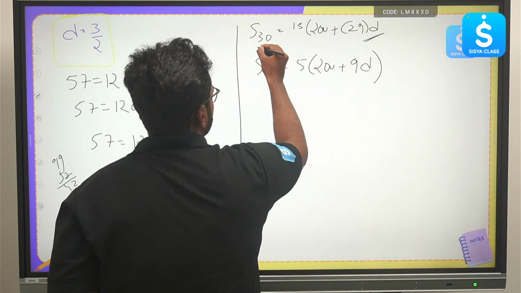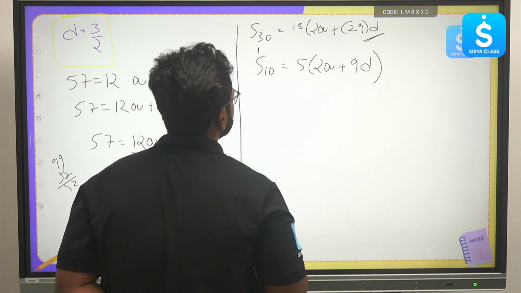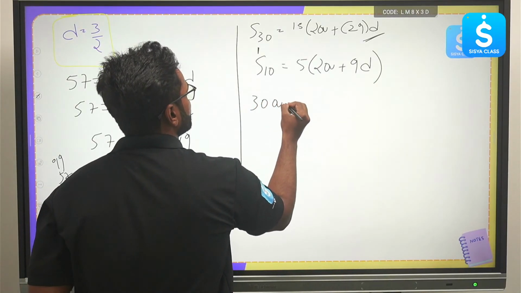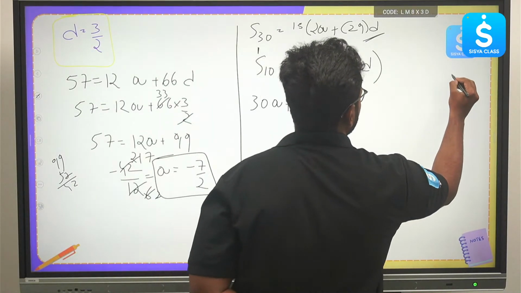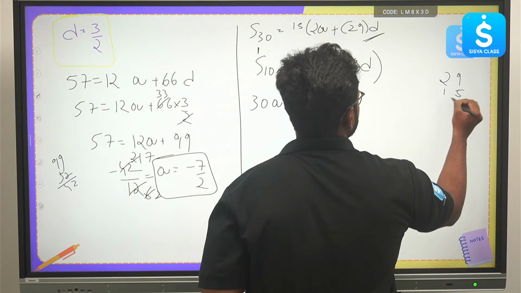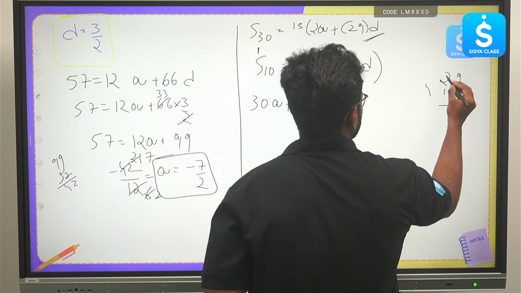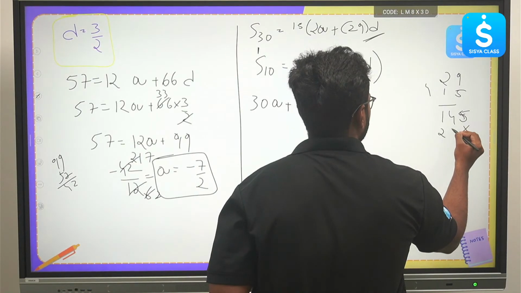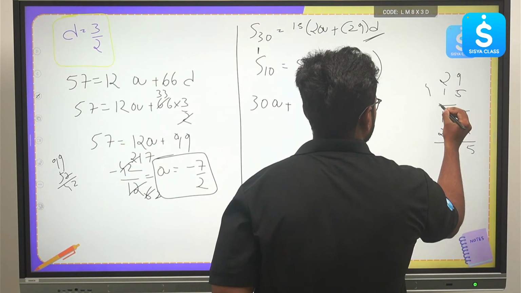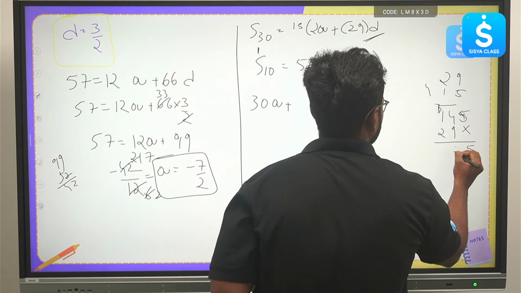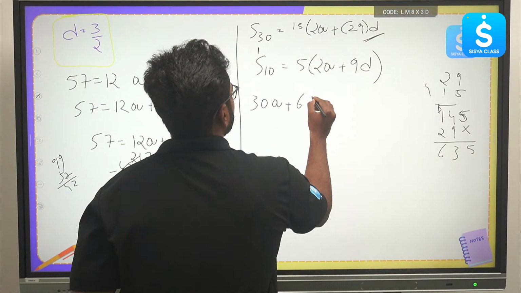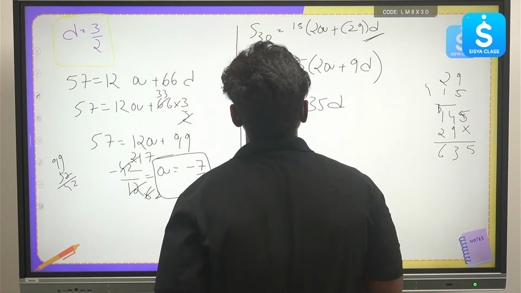They have asked us to subtract the value of S30 minus S10. So 30A plus 29 into 15 is 435D.